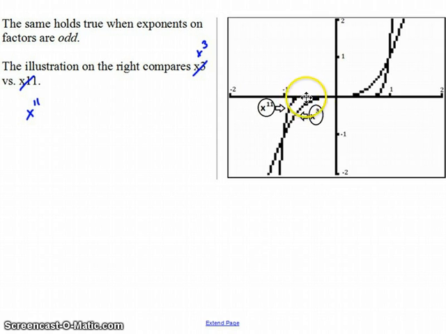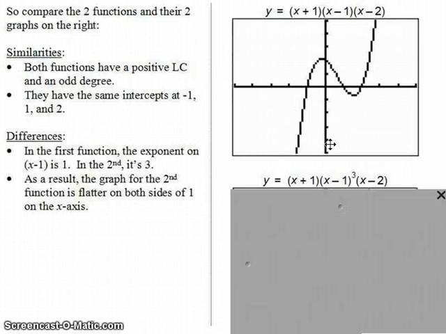But notice, in both cases, it doesn't flatten out to any wider than one space to the left and one space to the right of where you would expect it to go through the x-axis. So that's what you ought to be drawing. And so if you compared these two functions, this one right here versus this one right here, they have a lot of similarities.